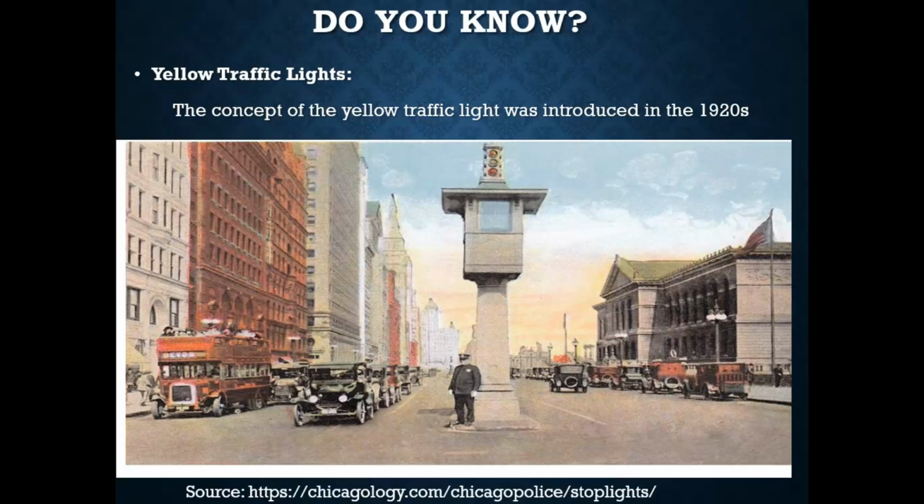And this is to help reduce the number of accidents. The point is there were a lot of accidents as a result of the first traffic lights that were in place, which led to the introduction of the yellow traffic lights to help reduce the number of accidents on the road.